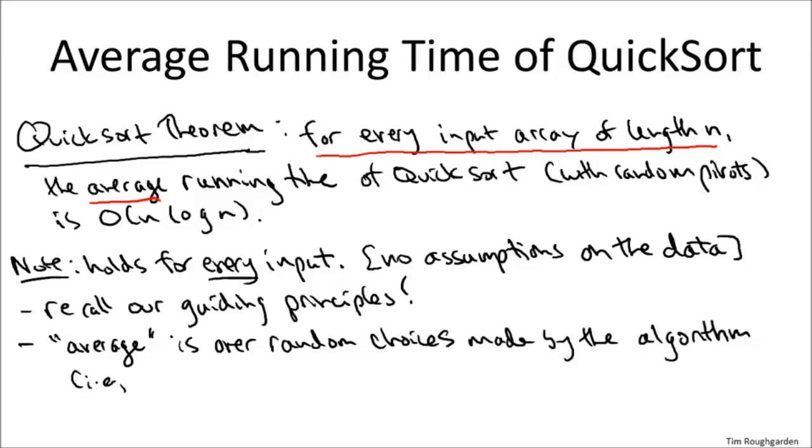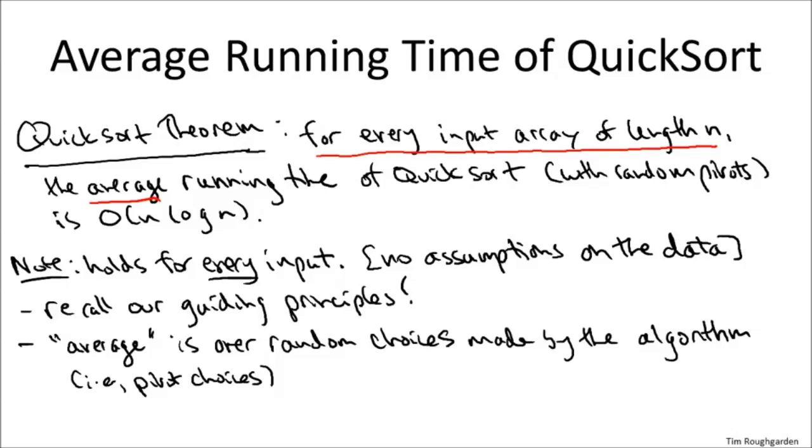Remember, randomized algorithms have the interesting property that even if you run it on the same input over and over again, you're going to get different executions. So the running time of a randomized algorithm can vary as you run it on the same input over and over again. The quizzes have taught us that the running time of quicksort on a given input fluctuates anywhere between the best case of n log n to the worst case of n squared.